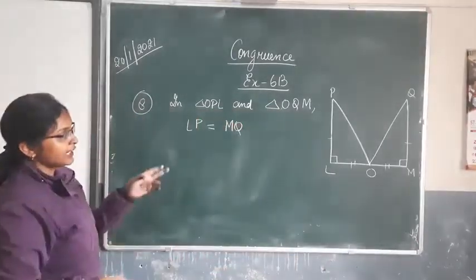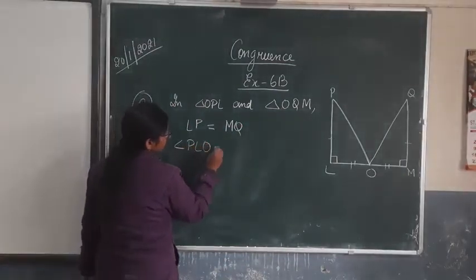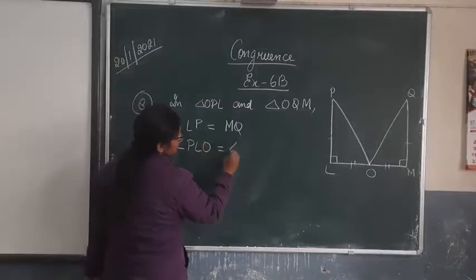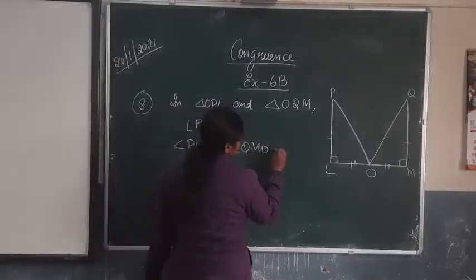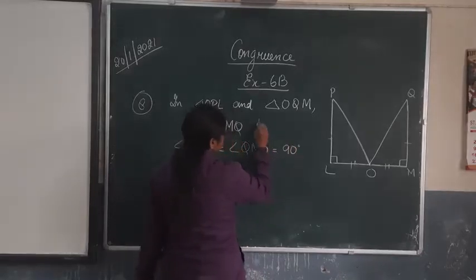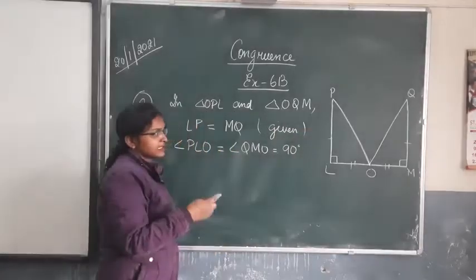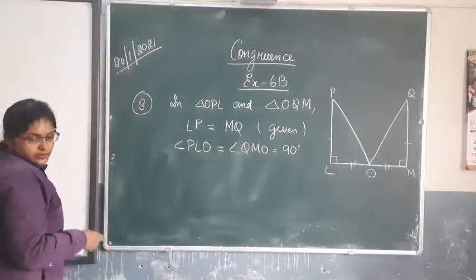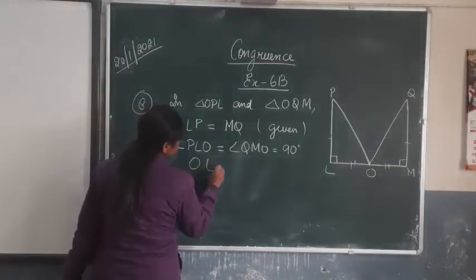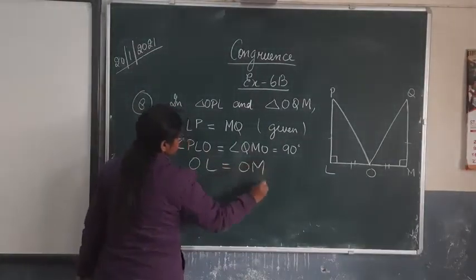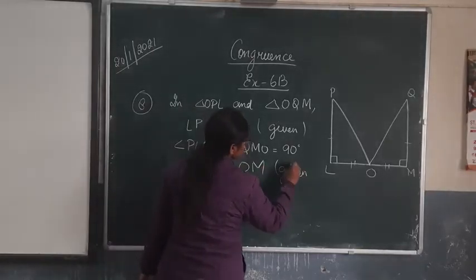And what else is given? Angle PLO is equal to angle QMO, and that is equal to 90 degrees. Here you can mention it is given in the question. And what else? OL is equal to OM. That is also given in the question, that the two sides are equal to each other.